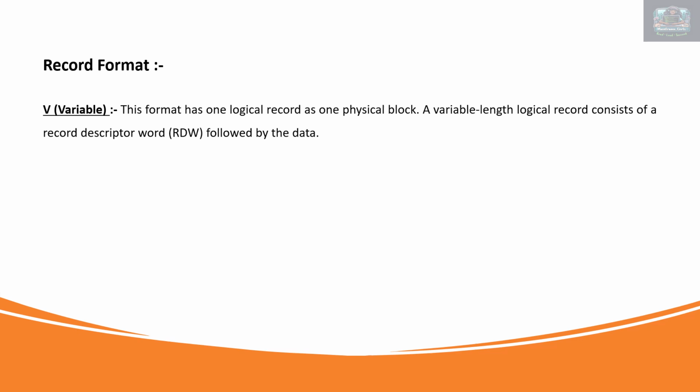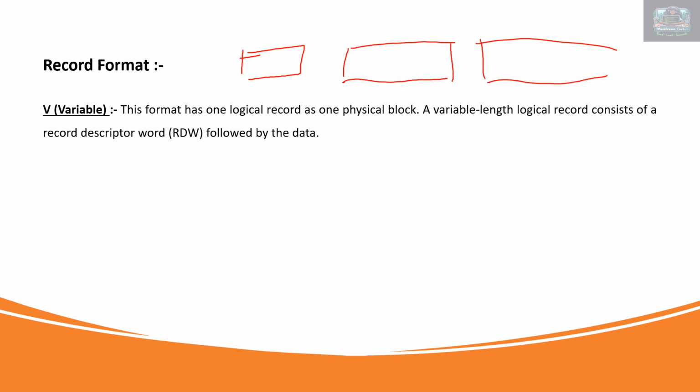Next type of record format is variable. Previously we mentioned the block size is 80 and the record length should be 80, and all the data coming into the devices will be in the same format. But here it's not like that. If the first block is 80, the second could be 90, the third 100, and the fourth less than 100, it could be 90, like that.